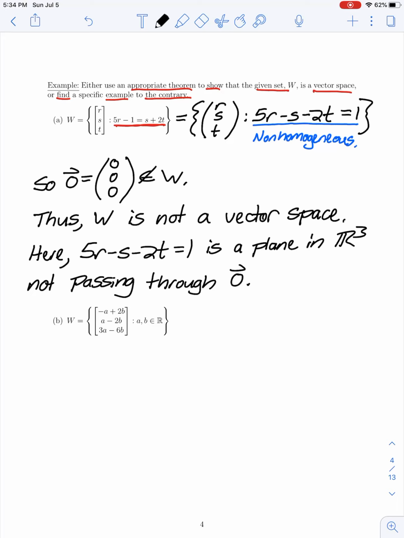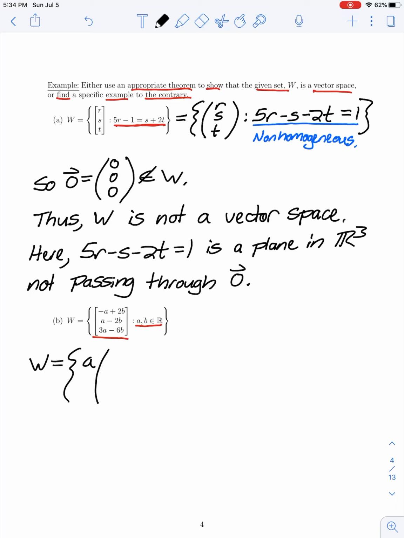Now in part B, we have a set W of vectors in R3 whose components involve these real numbers A and B. Here we don't have any equations relating A and B directly. We're told they can be any real numbers. So we could write this space W as the set of all vectors of the following form.